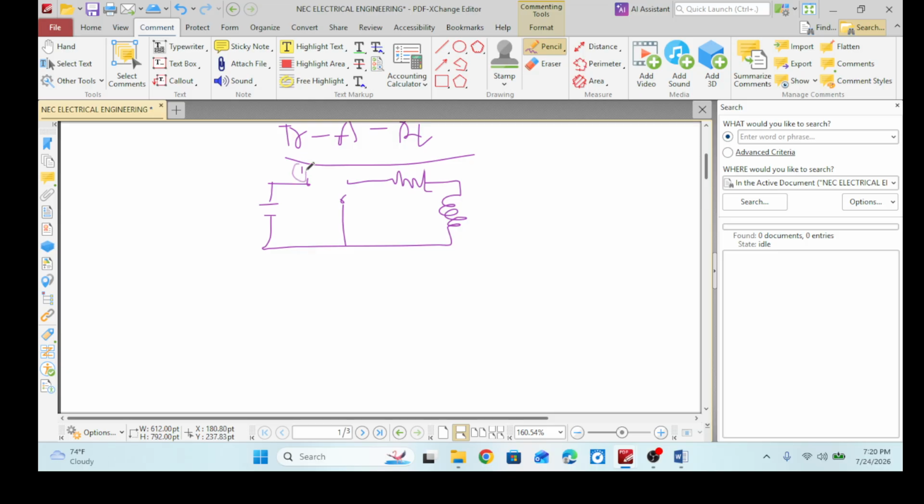This is 1, this is 2, and at first the circuit is closed at 1. And it would be moved to 2 at t equals to 0.